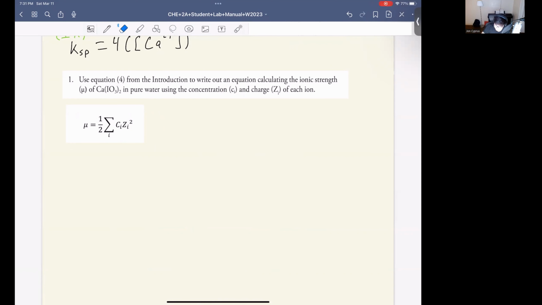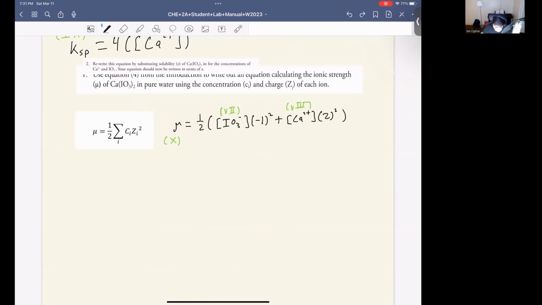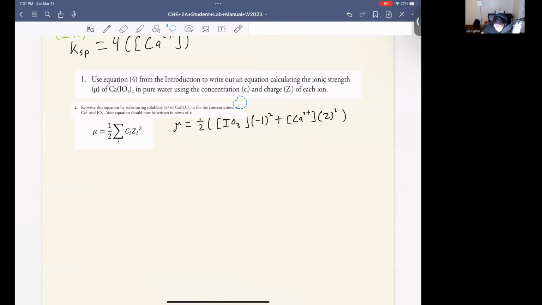Mu is equal to 1/2 times the concentration of, actually, I could have just used that since I left it general. I don't need to get rid of that. All right, so we wrote it out.